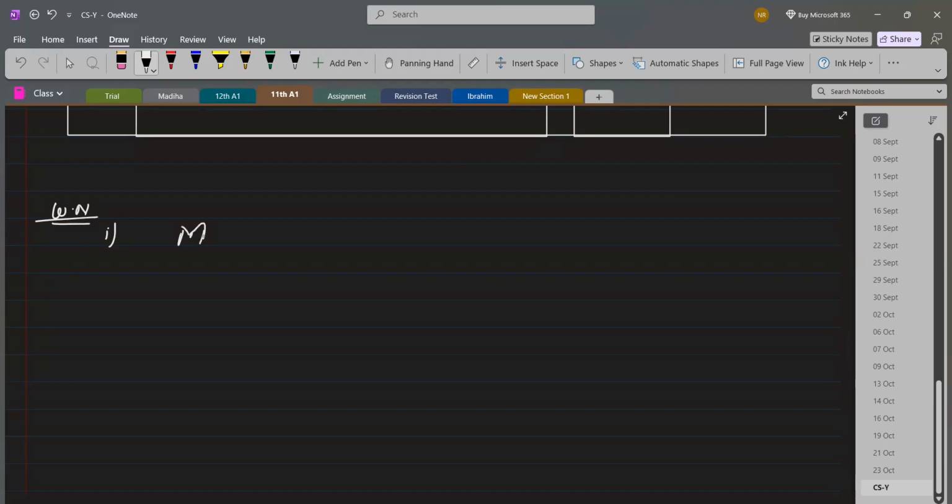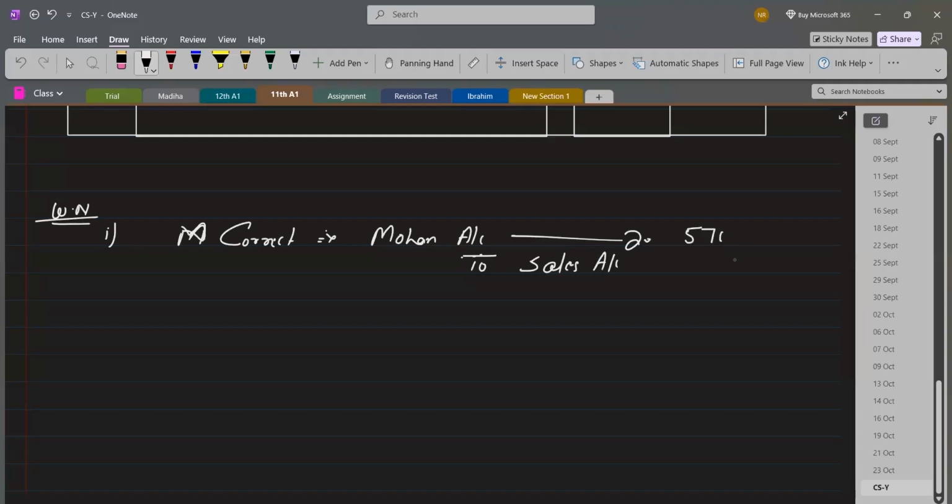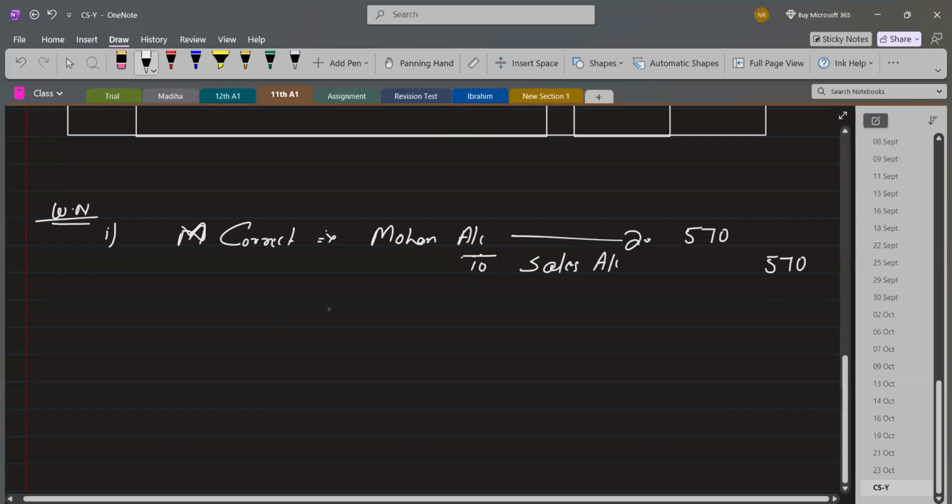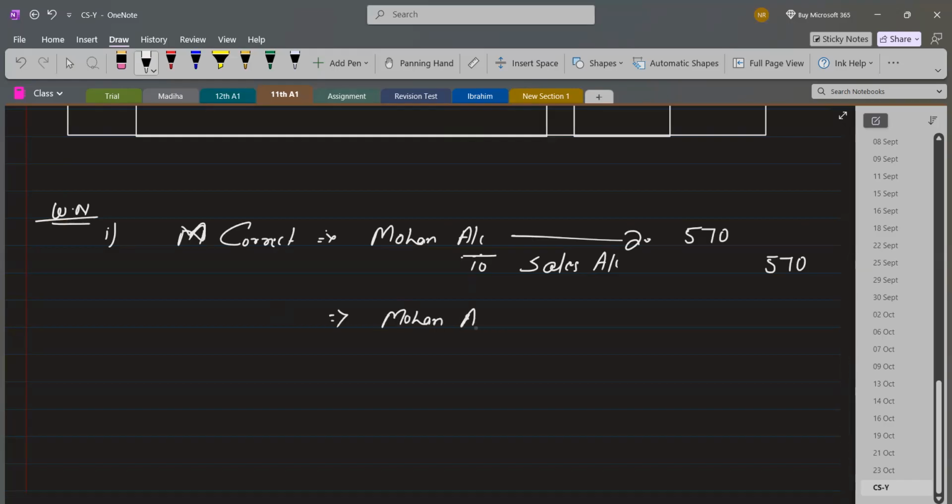So the correct entry should be Mohan account debit to sales account. It is 570. But we have recorded this entry as 750. So the incorrect one is also the same. The entry is the same. There is no change in entry.